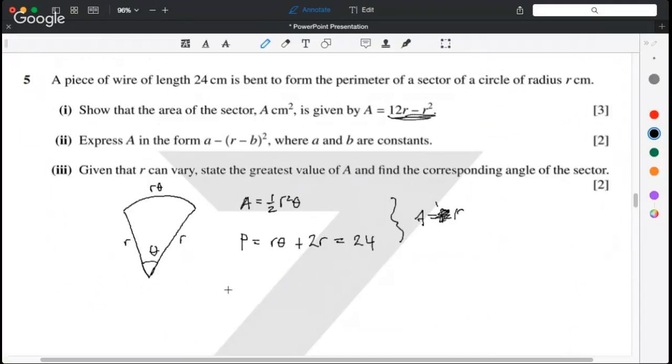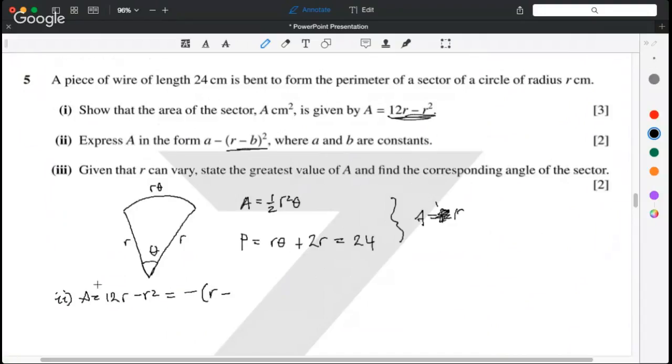Yeah, so in the next question, they're asking you to do what is essentially completing the square. So we start out with A is equal to 12r minus r squared. Now we want to pull this into a bracket. So there's a minus in front, so we'll say minus, and then my bracket is going to be r minus.